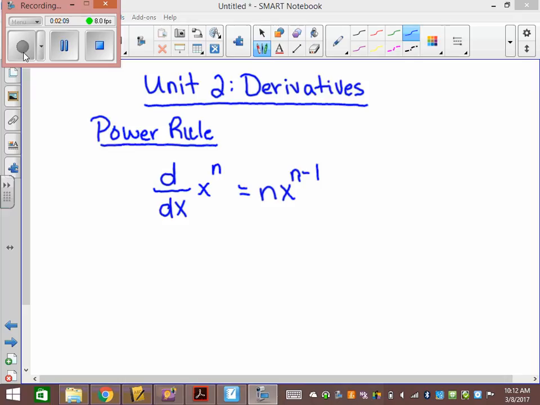So a quick example, d over dx just means find the derivative of, with respect to x, as x is being a variable. It just means find the derivative of, yeah.